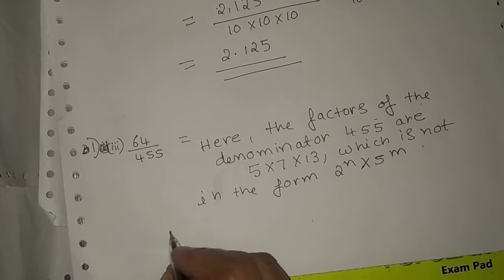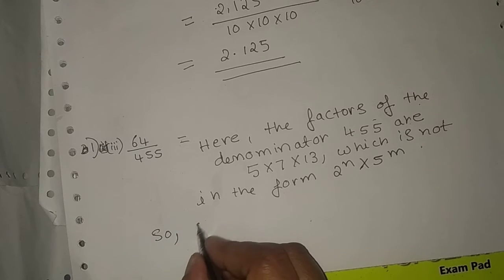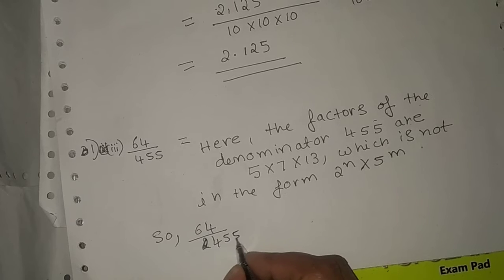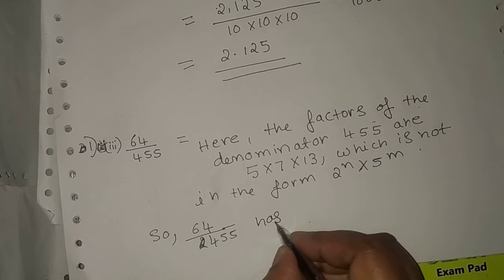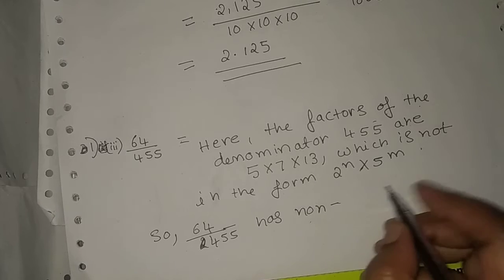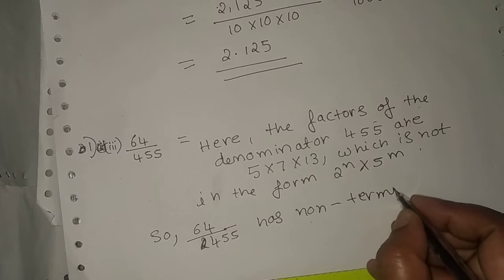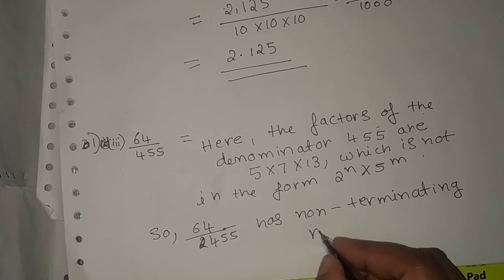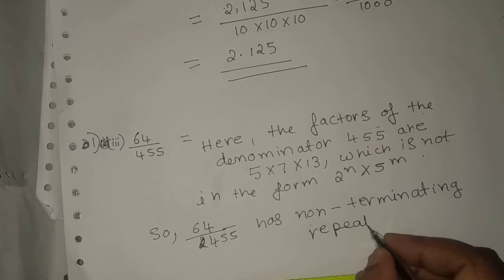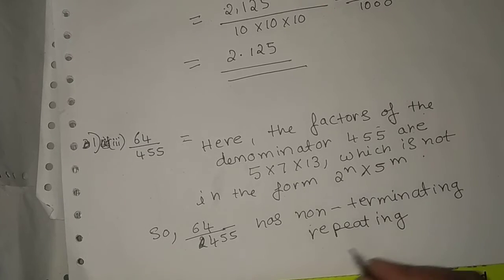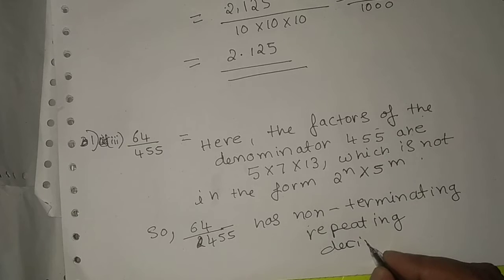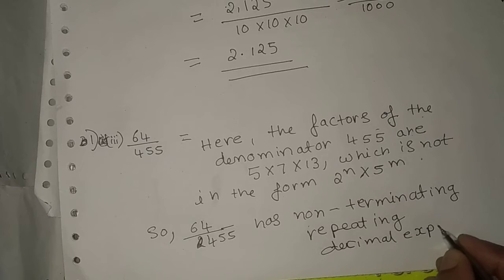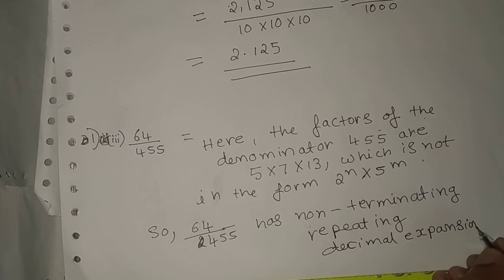So finally, what can we write for the first question? 64 by 455 has a non-terminating repeating decimal expansion. So we need not solve the second question. Only the first part we have to solve.